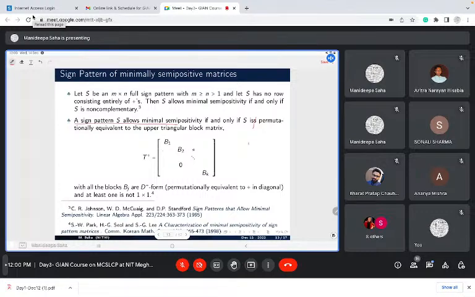The diagonal blocks have some characterization, while the other blocks can be anything. The diagonal blocks are of the form D plus, that is, these blocks are also permutationally equivalent to a positive diagonal matrix. And at least one of the blocks should have size more than 2.